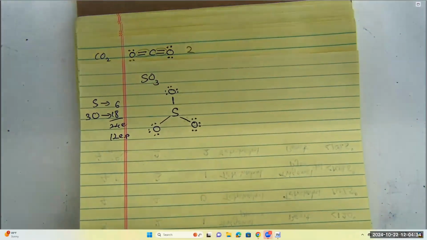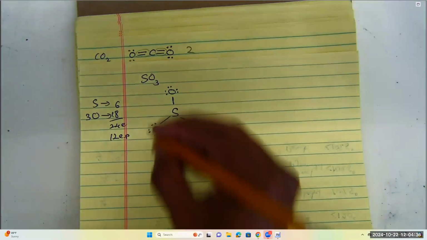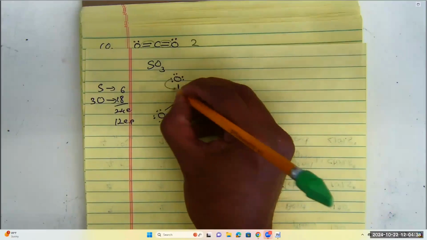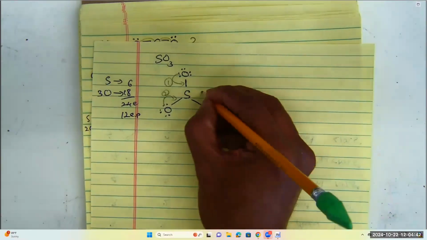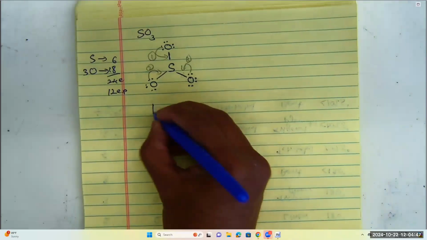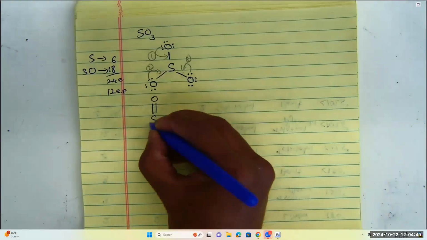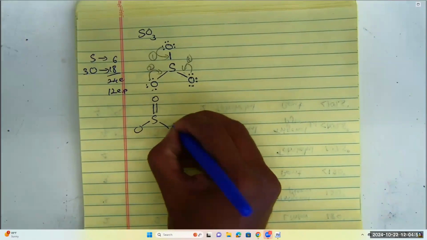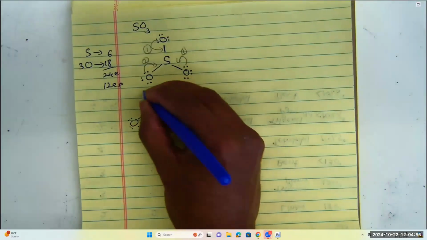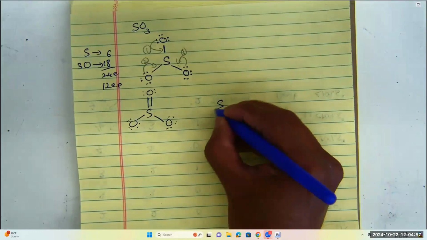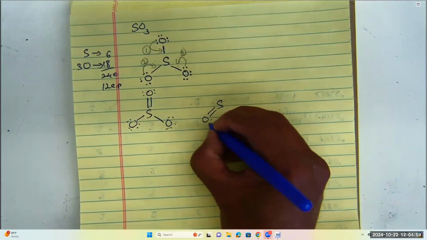Okay. So when we share these lone pairs, we have 3 options. We can do this. 1 or 2 or 3. Okay. So if you do 1, you're going to get the double bond on the top like this. And if we do option 2, then we are going to get the double bond on the side like this.